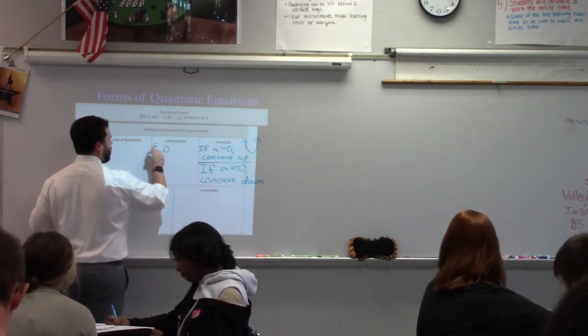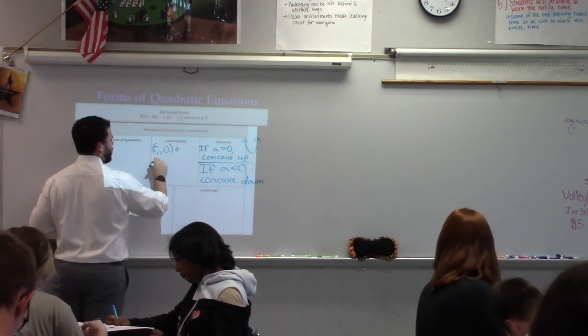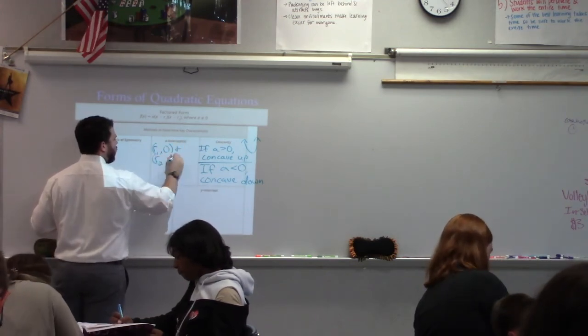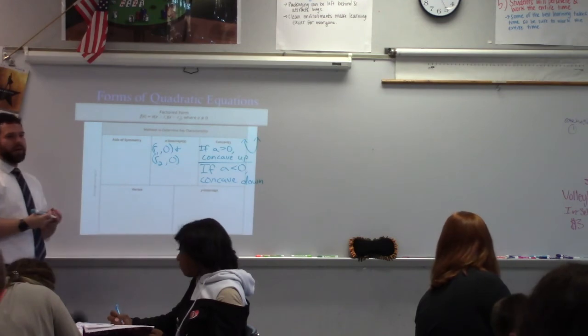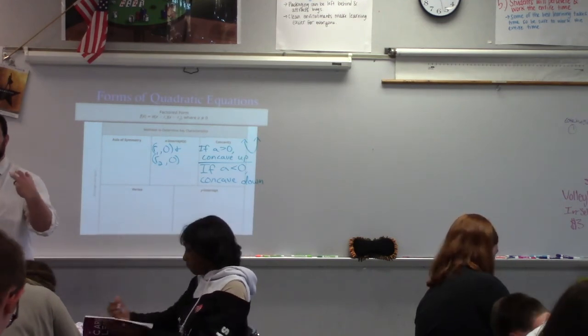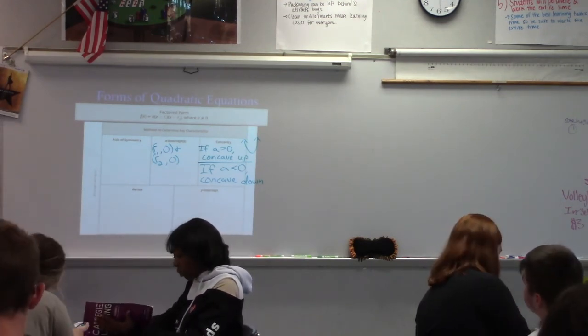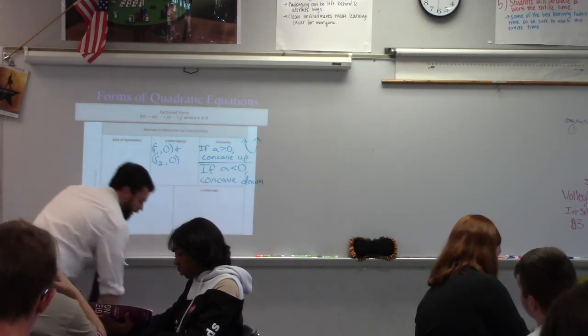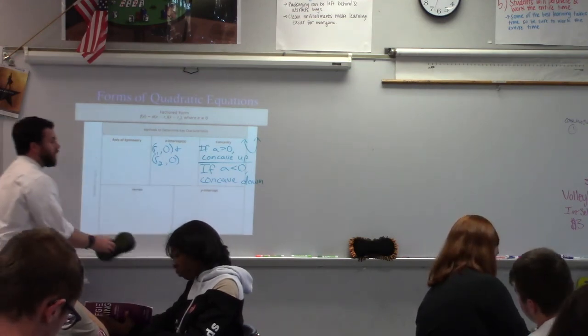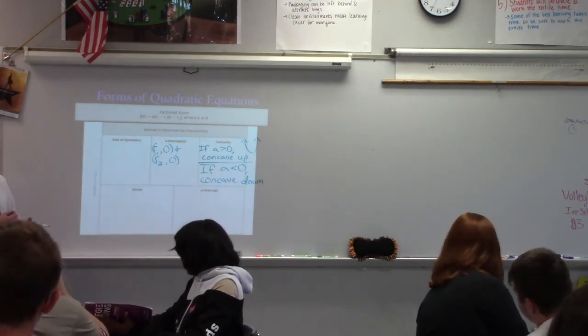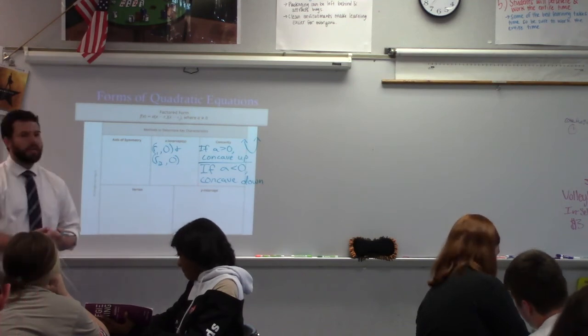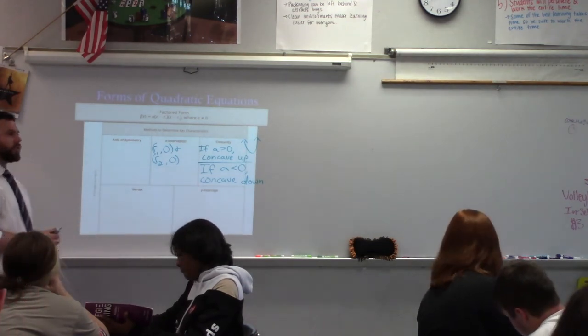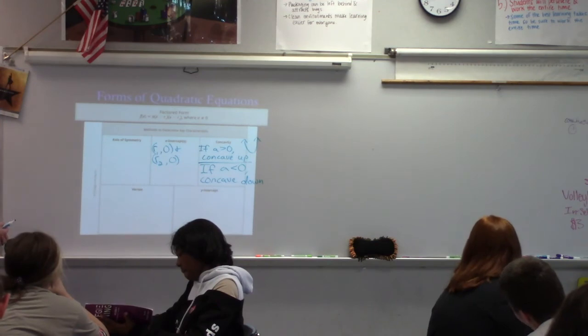R1 comma 0 and R2 comma 0. What do we need to be careful about when going from the equation to those x-intercepts? It doesn't always make it negative, but it's always the opposite, right? That's one of the things that gives a lot of students trouble. We got to remember that it's always the opposite.